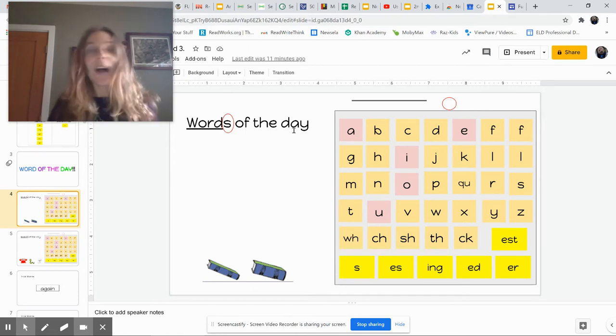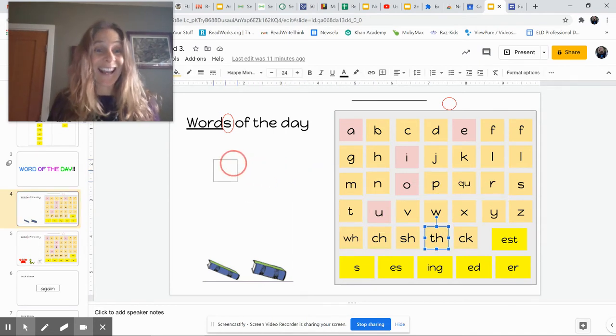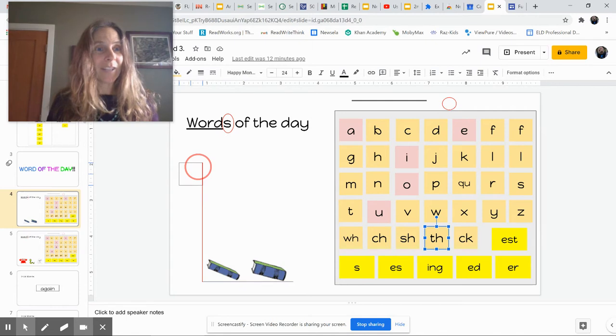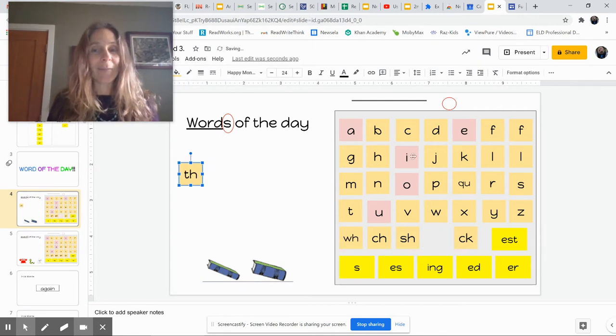Well, actually, I'm going to build it right now, and I want you to try and figure it out as I'm building it. It's going to have two digraphs in it, believe it or not. So I have my first digraph.